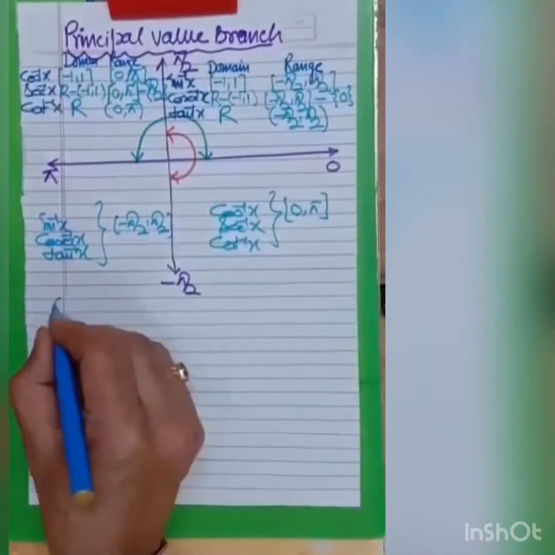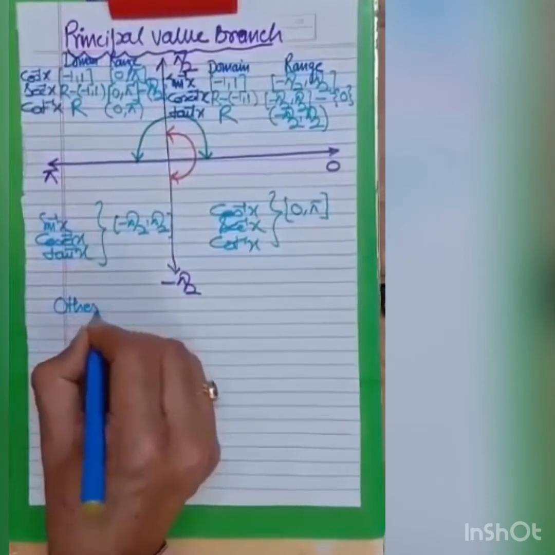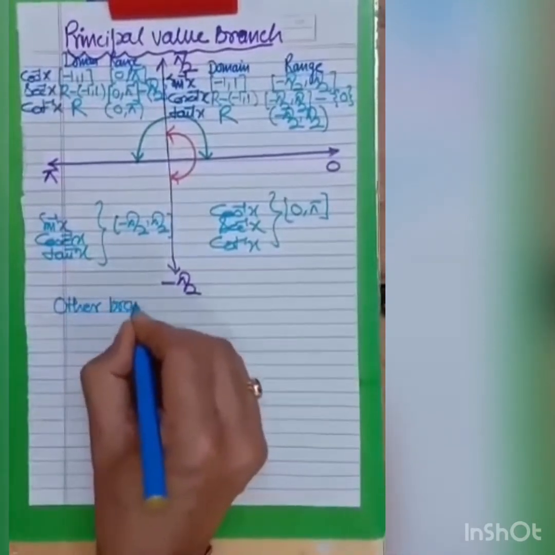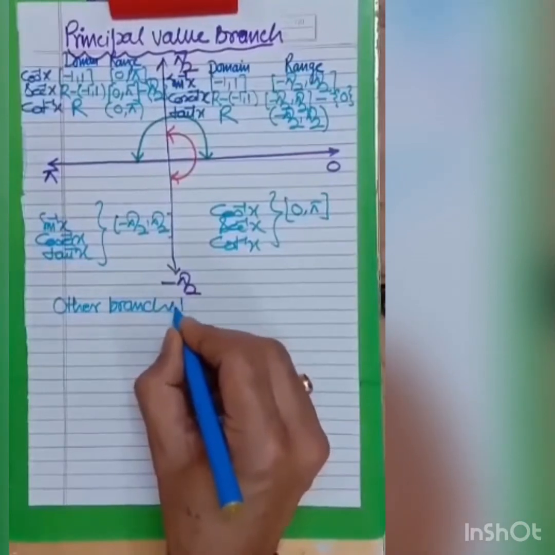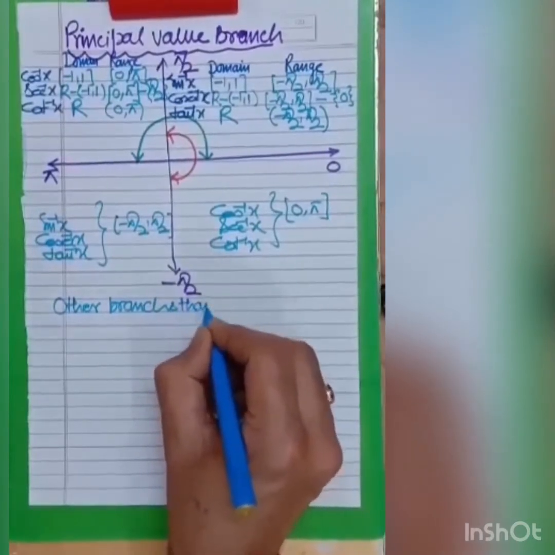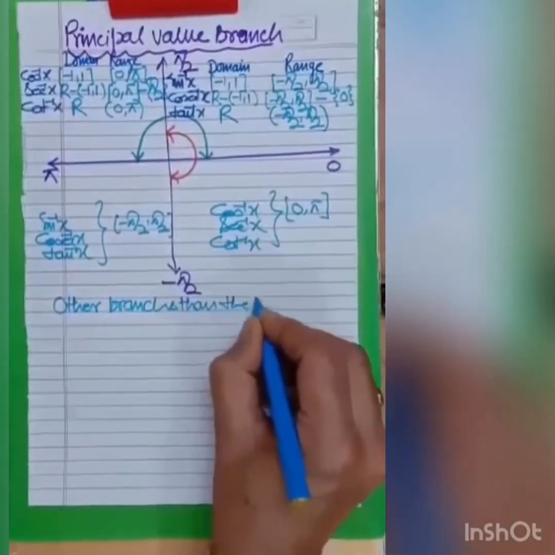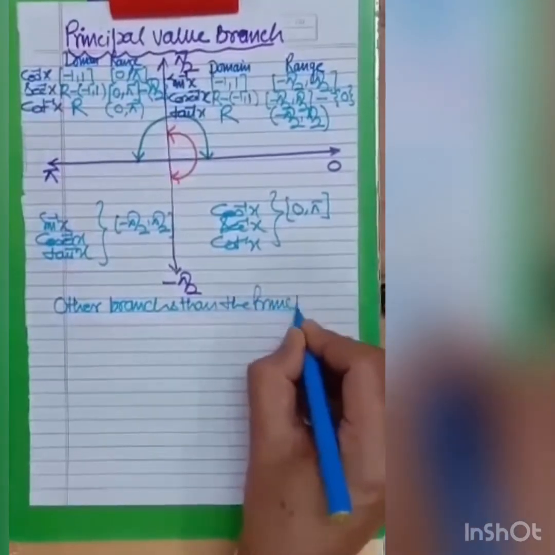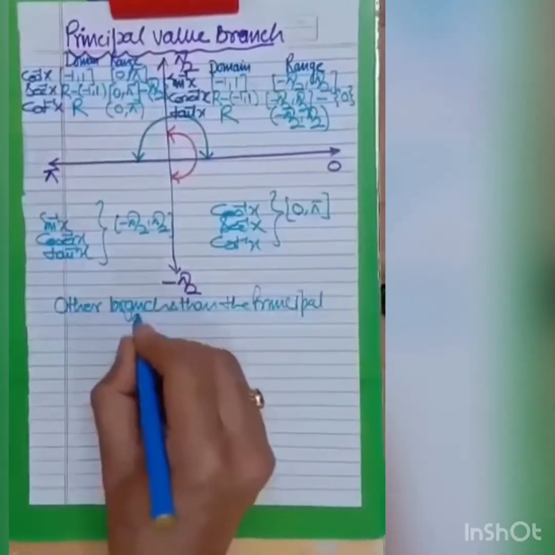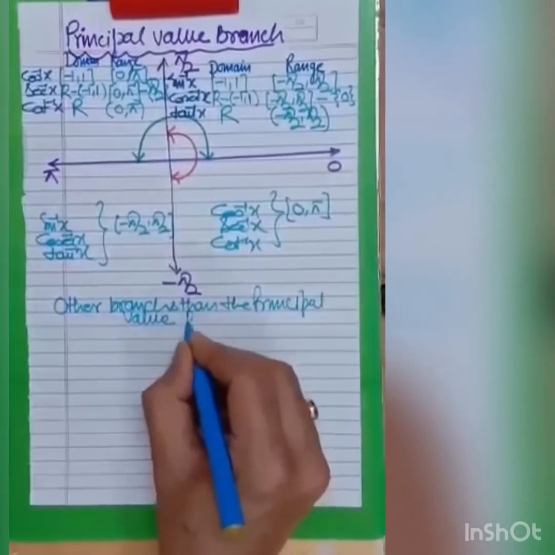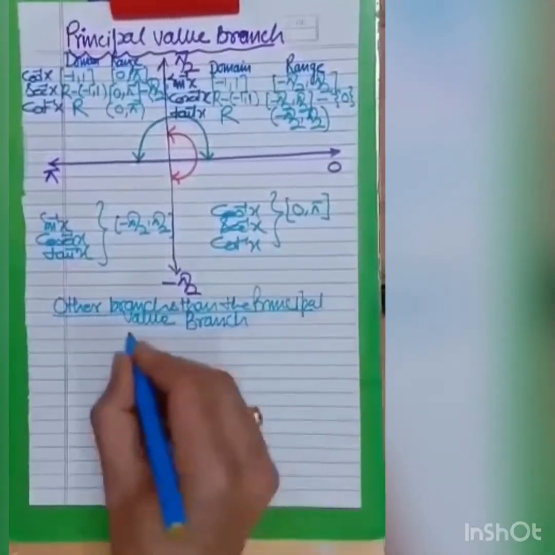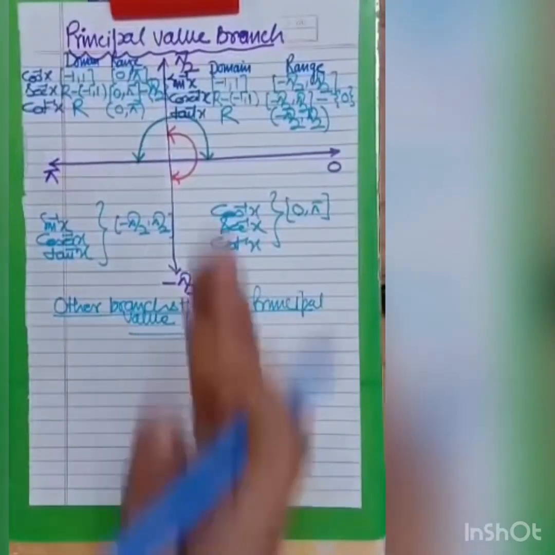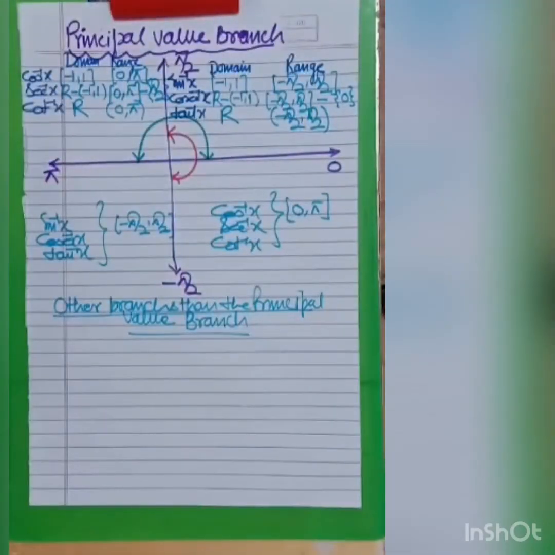Now other than the principal value branch, there are so many other branches existing here, but the principal one is the least, which occurs first.